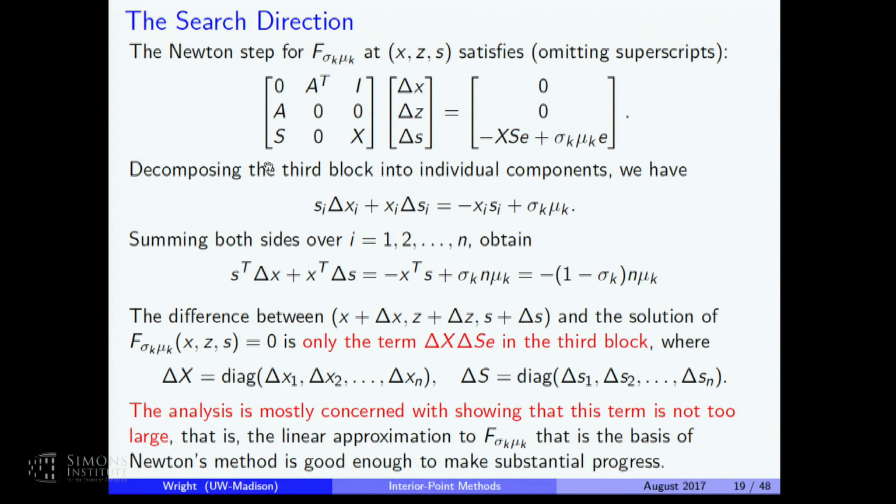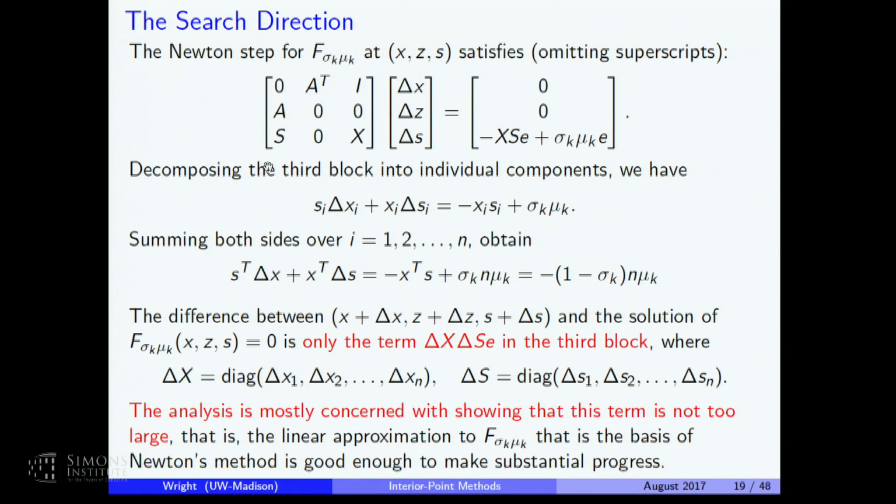I would have solved the nonlinear system. So the only thing that's stopping x plus delta x, z plus delta z, s plus delta s actually solving the original system is this term, okay? So that's the term that I need to keep track of. I want to keep track of how big that is, how far I am from actually, the difference between this system and the real system that I want to solve, the real nonlinear system.